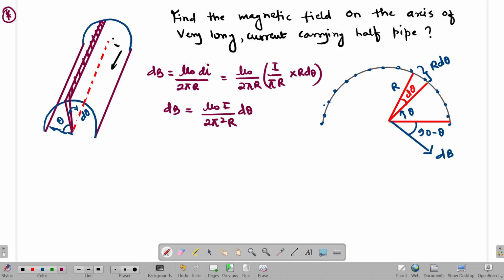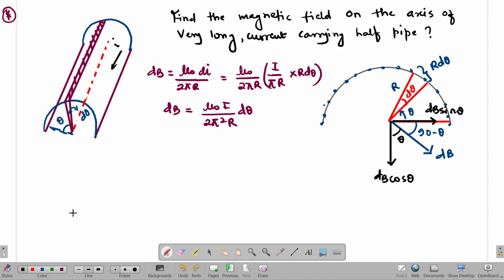Now see, ultimately you can see that this magnetic field has two components, isn't it? One sine theta, one cos theta. So look over here. This is dB cos theta because this is going to be theta, and this is dB sine theta. This R and this R will get cancelled or not.